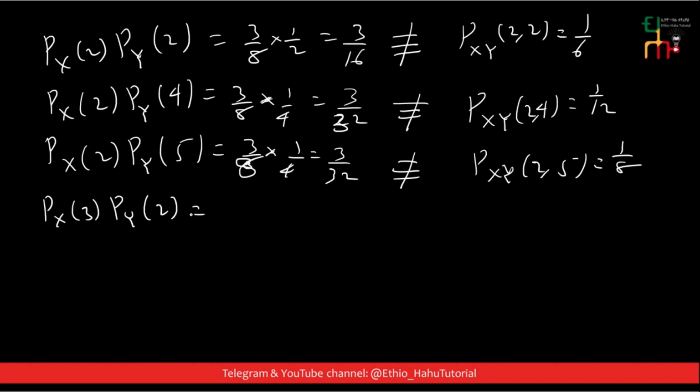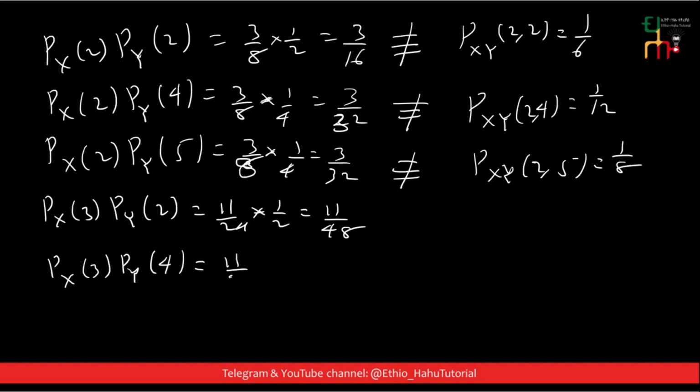For x equal to 3, we want 3 times the probability mass function of y equal to 3. That is 11/24 times the probability of y equal to 2, 1/2, which is 11/48. The marginal probability mass function of x equal to 3 times the marginal probability mass function of y equal to 4, that is 11/24 times 1 over 4, which is equal to 11 over 96.